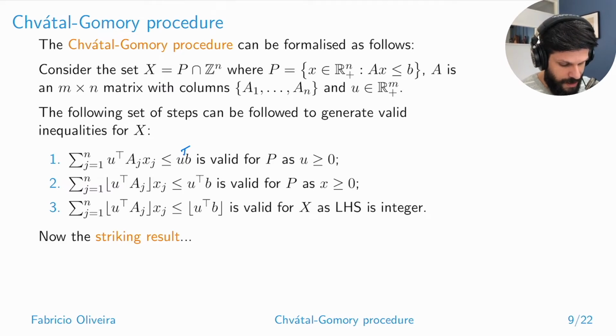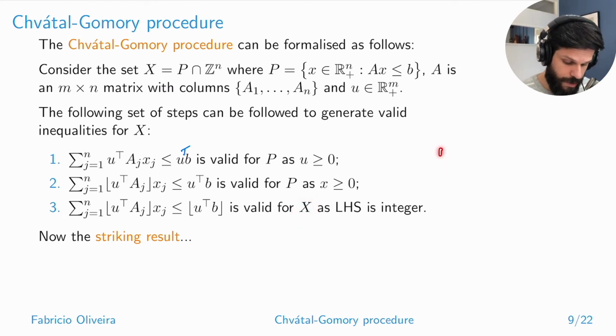Another way of thinking is that these are the new coefficients of this combination, and because they are positive, this is not going to violate the original constraint Ax less or equal than b. And finally, what you can do is come to the right-hand side and make it integer, because we know that generates a valid inequality for X. So we generate a valid inequality for P, and we change it into a valid inequality for X, capital X.